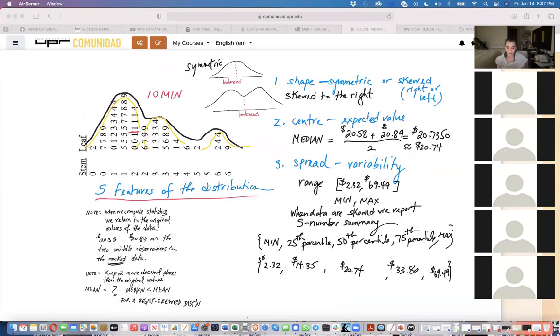So this is called the 5-number summary, and you can get this out of Excel. However, I caution you that if you get into very detailed statistics, you'll start to see different software calculate some things differently.